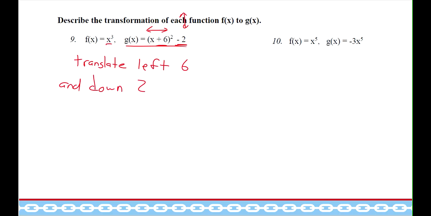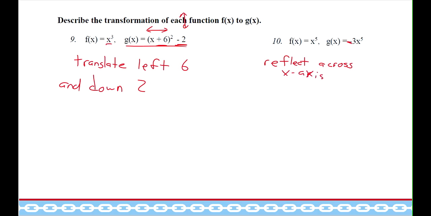For number 10, the negative 3 out in front of x to the 5th. Well, if it's outside parentheses, it has to do with the vertical. So the negative is going to reflect or flip across the x-axis. Okay, that's from the negative.